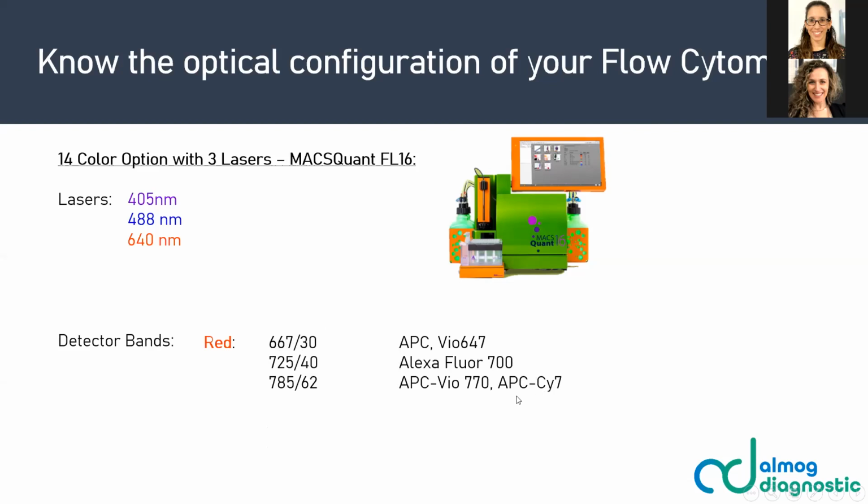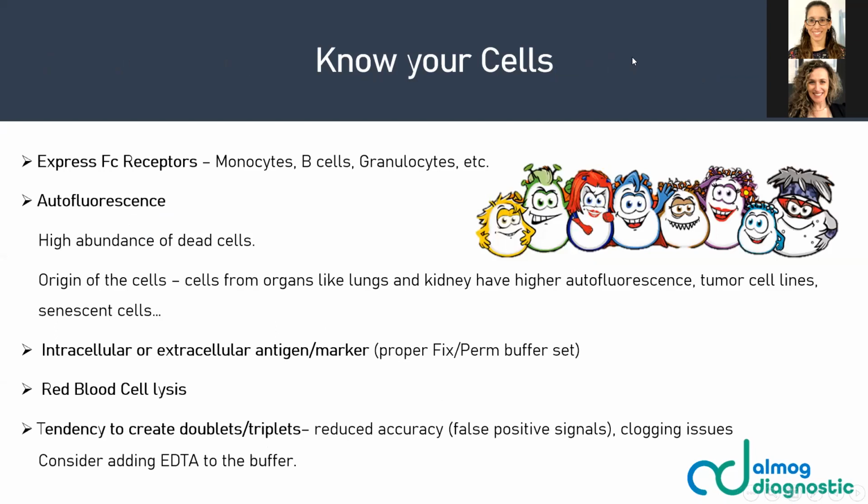So after understanding the capabilities of our flow cytometer, we need to discuss and know our cells' characteristics. We have to understand if our cells express Fc receptors. If we are working with blood cells, we have monocytes, B cells, granulocytes that express Fc receptors.